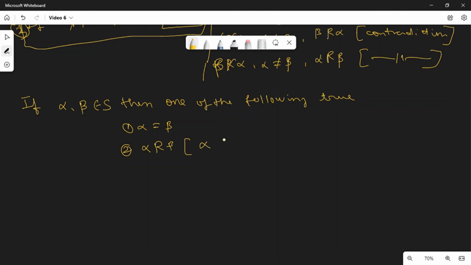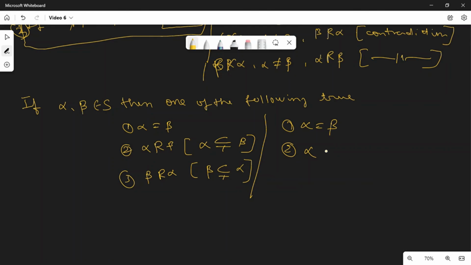That means alpha is a proper subset of beta, or beta is related to alpha, that is, beta is a proper subset of alpha. But what Rudin does, he will write it like this. Instead of the relation, he uses the less than symbol.